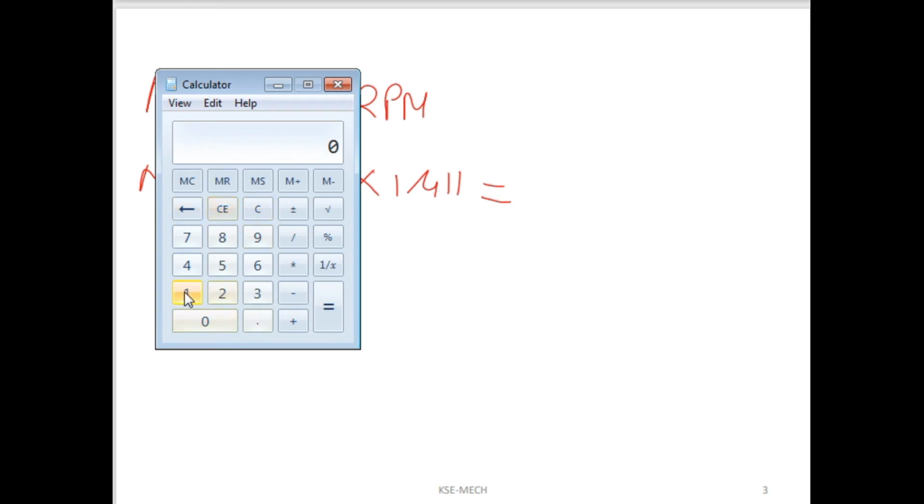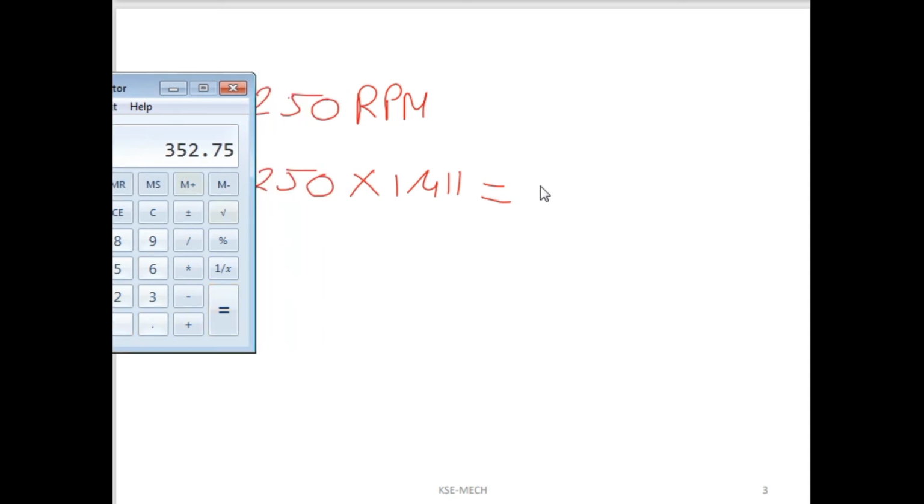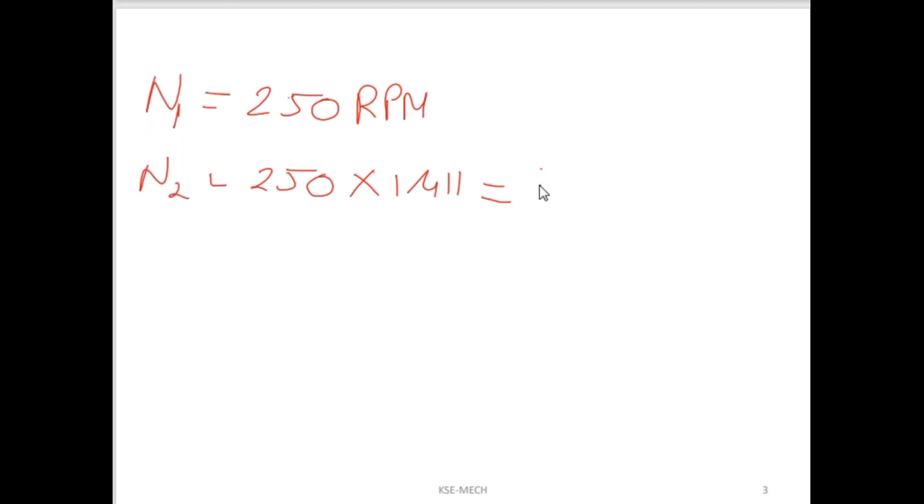Again, what is 250 into 1.411? That will come to around 352.75, and that will be in rpm.